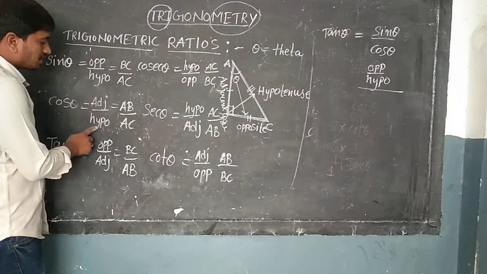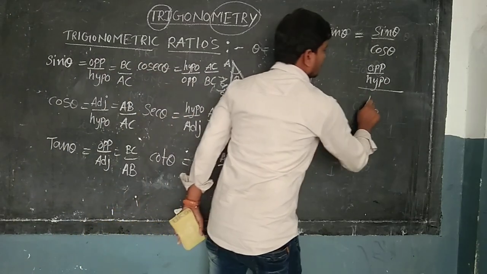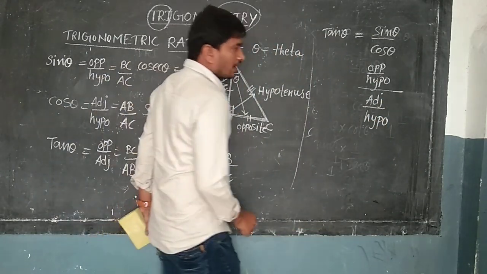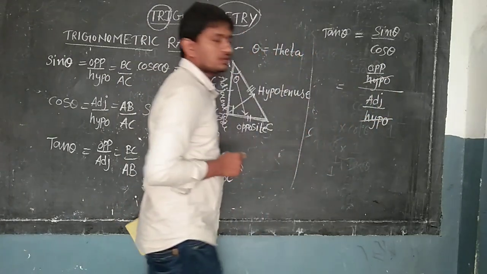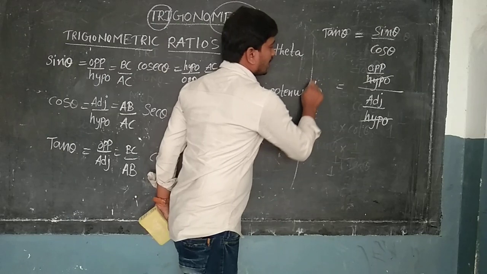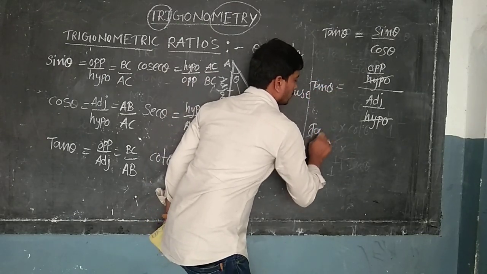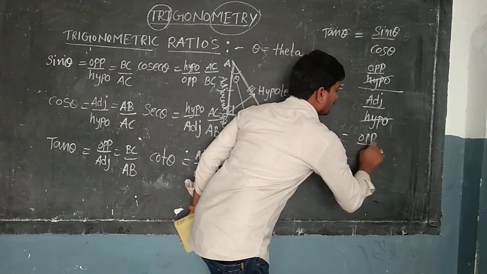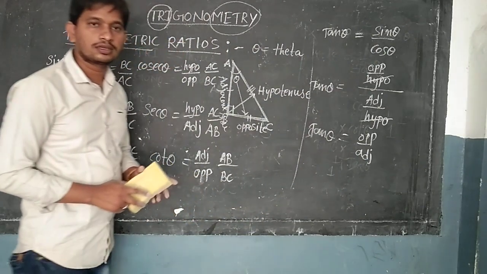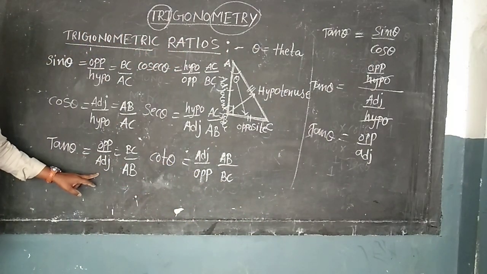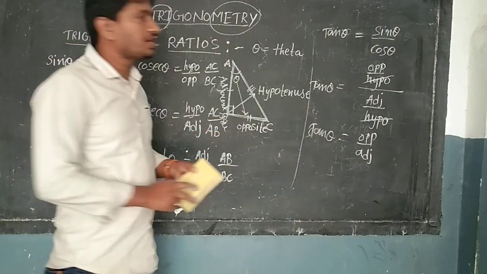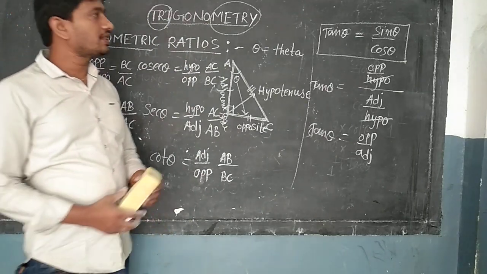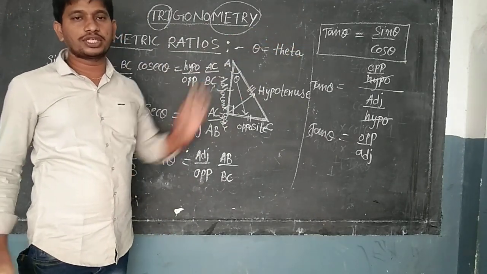Cos theta is nothing but adjacent by hypotenuse. I can cancel hypotenuse and hypotenuse. So I got tan theta equal to opposite by adjacent. Yes, tan theta is nothing but opposite by adjacent only. So tan theta we can write as sin theta by cos theta.